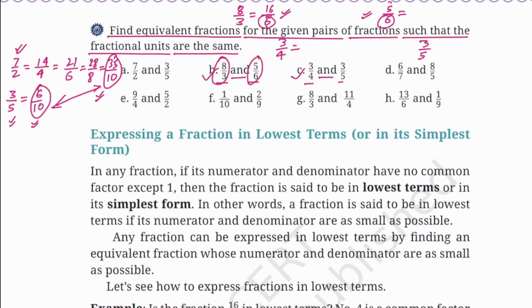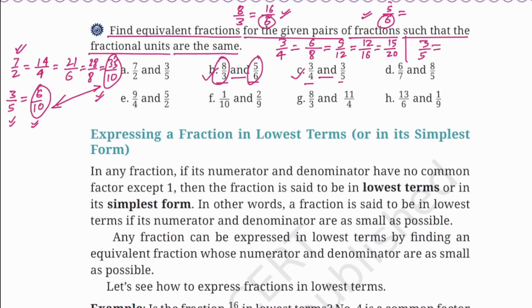Equivalent fractions of 3 upon 4 are 6 upon 8, 9 upon 12, 12 upon 16, 15 upon 20.